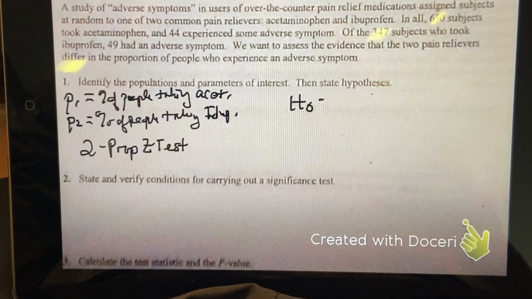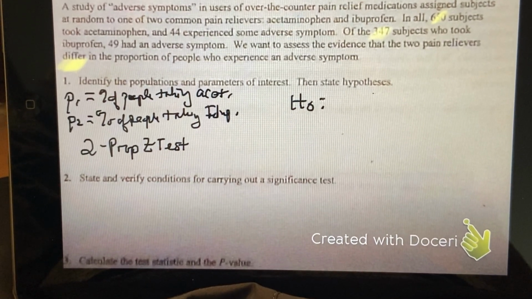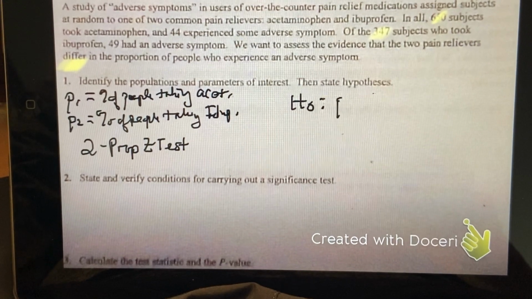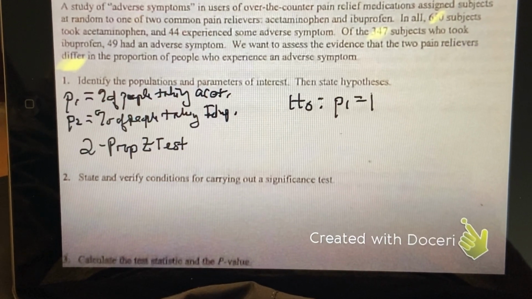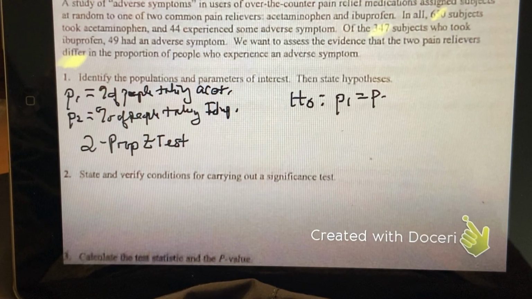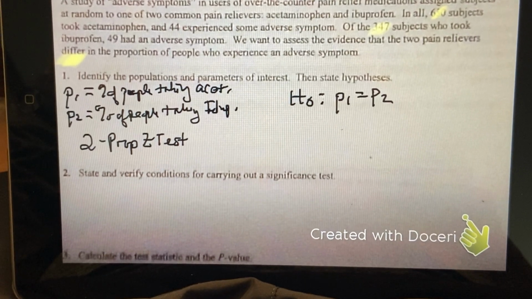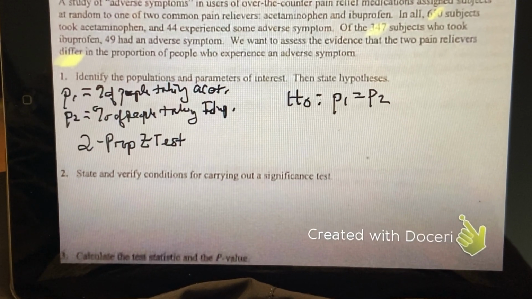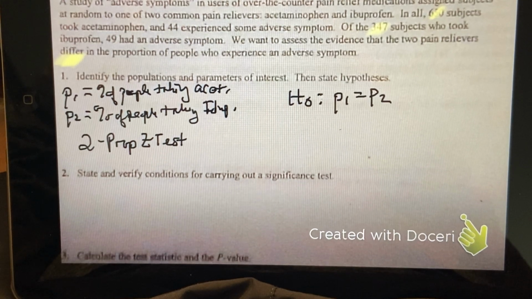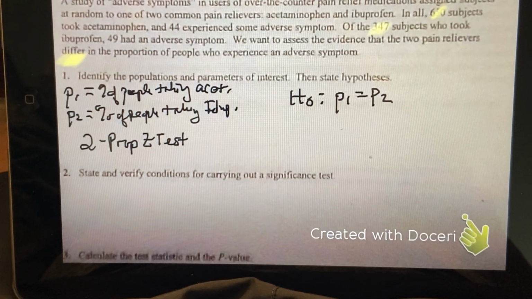Every null will look like this. We're claiming that there is absolutely no difference, or they're claiming there's no difference in the adverse symptoms between the two proportions. So I'm going to say p1 is equal to p2.